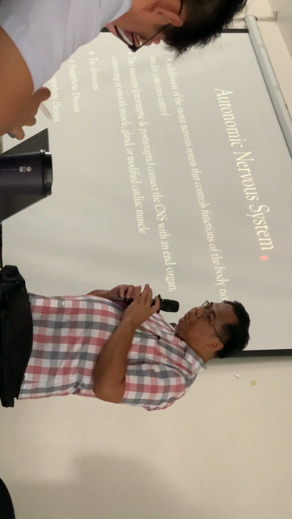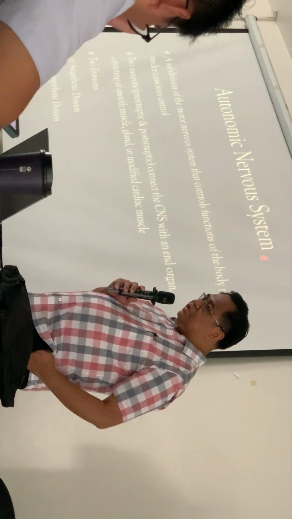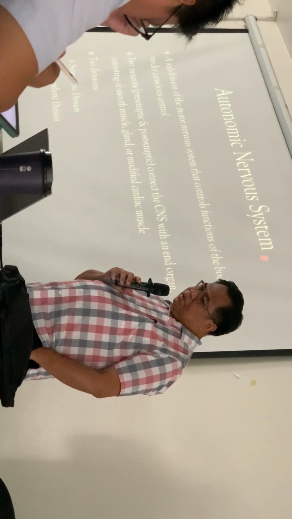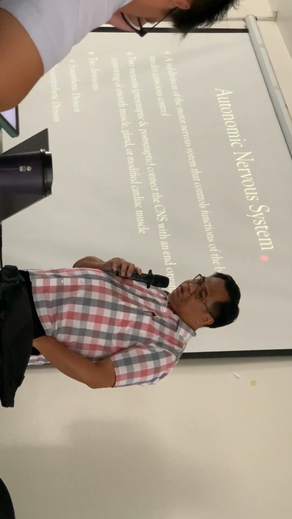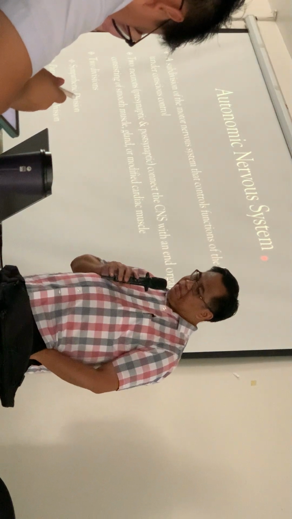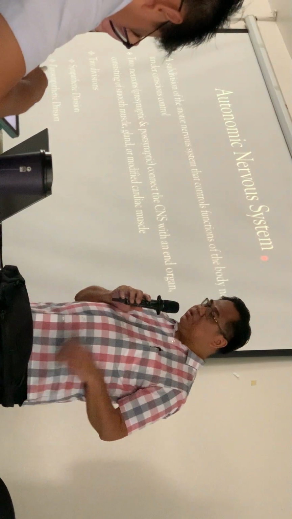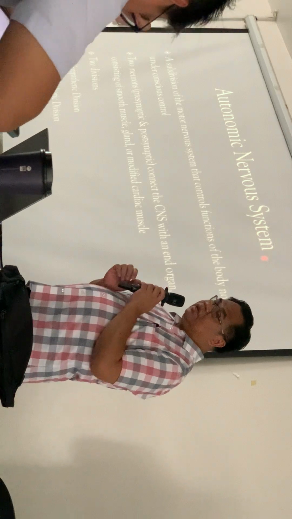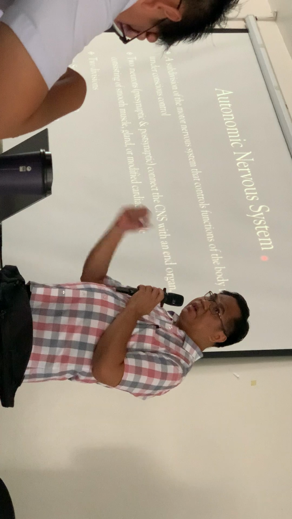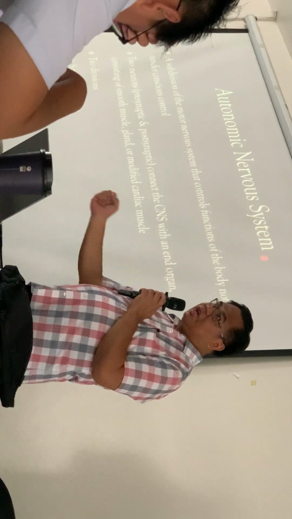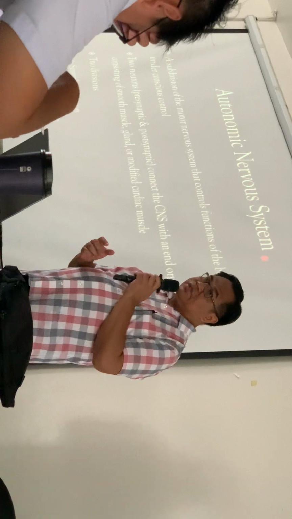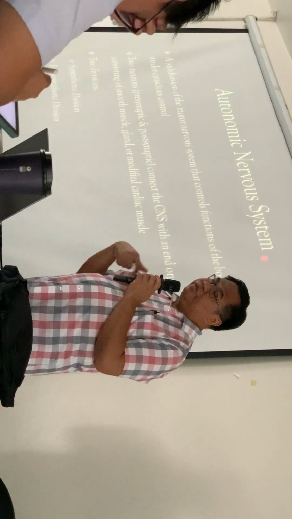So now we go to the autonomic nervous system. This system is a subdivision of the motor nervous system that controls functions of the body not under conscious control. So unlike the skeletal nervous system, where you can think of flexing your elbow and you can move your elbow, the autonomic nervous system controls our visceral organs.